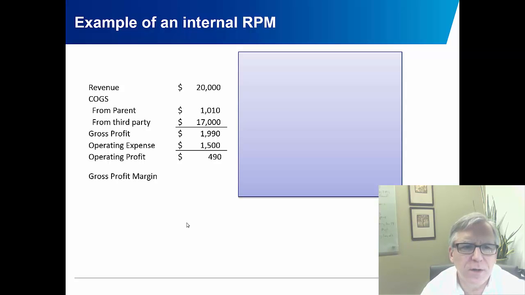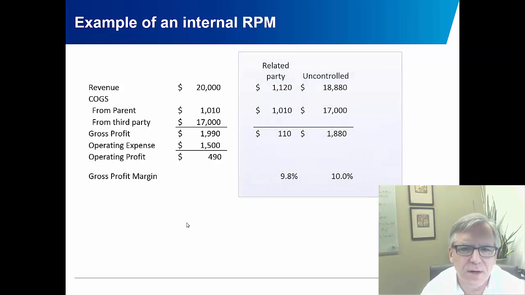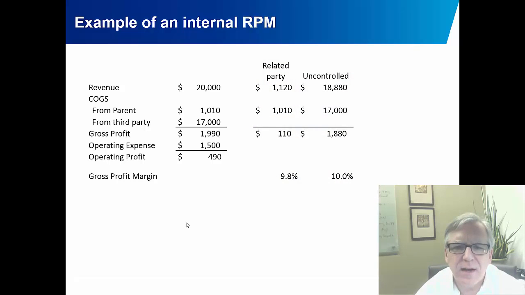If the parent could say, well, we know where these revenues are from parent products versus the third party, and if we separate those out, we came up with just some round numbers. Most of what we sell is these uncontrolled party transactions. That's 18,880. So that worked out to a gross margin of 10%.